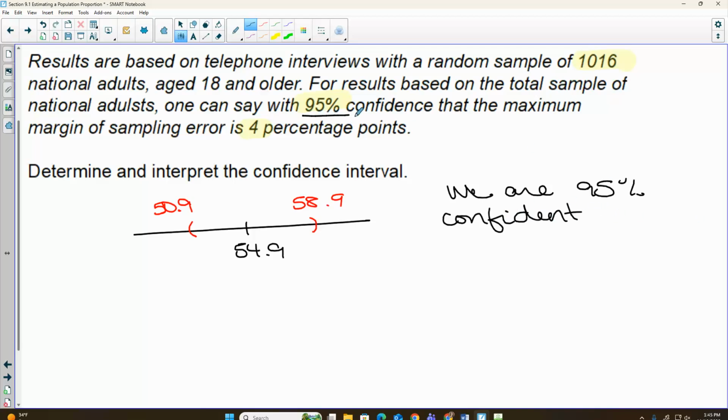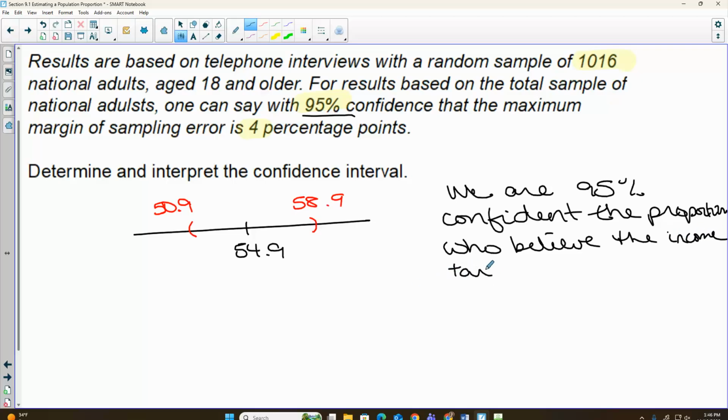So we are 95% confident. That's saying in 95% of my surveys, if I did it over and over again, I would get a value between these. So the proportion who believe the income tax is fair is between 50.9 and 58.9.